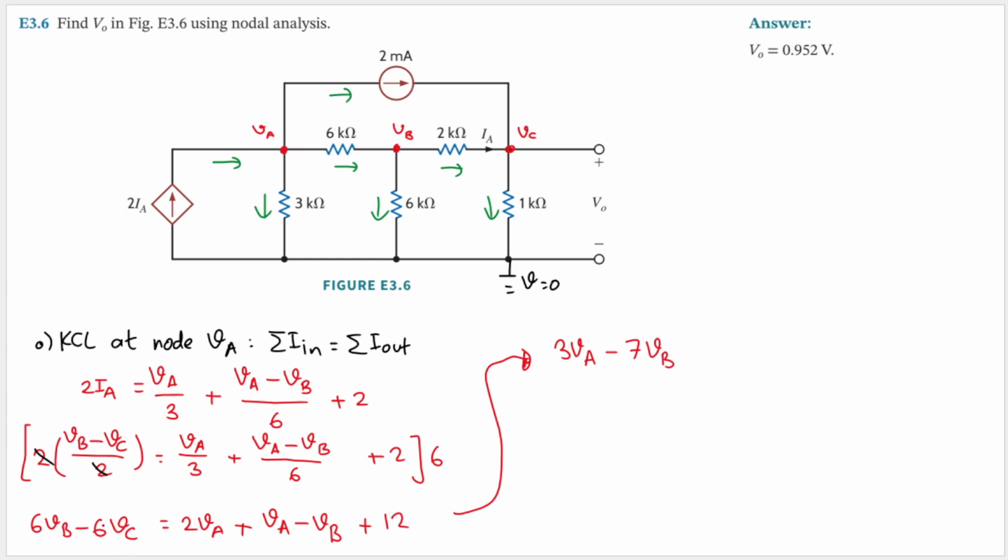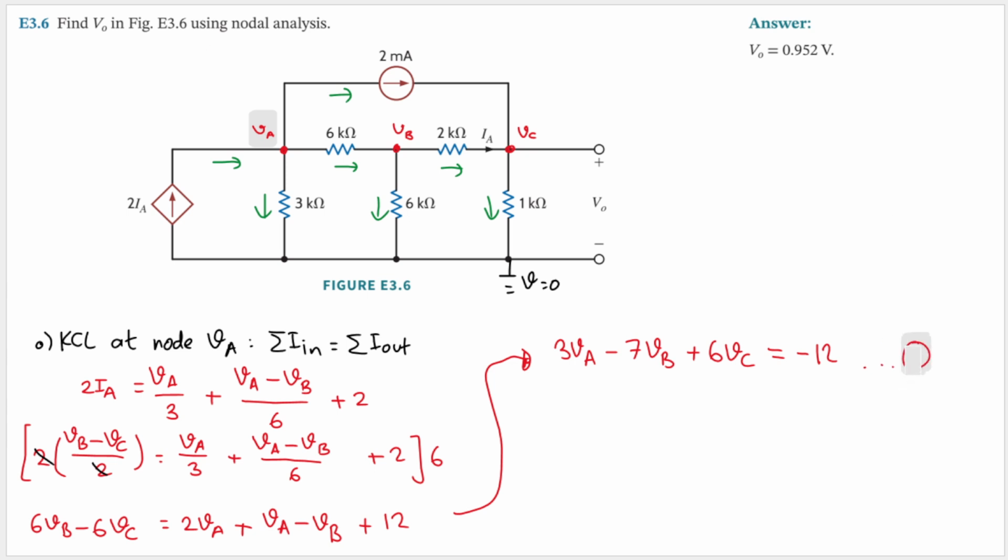And then this one will come to the right hand side, so we'll have plus 6VC. Then the plus 12 will come to the left hand side, but I write it on the right hand side, so we'll have minus 12 here. And I think there is nothing further that we can do for node VA, right? We have done this node VA. Let's save this as equation number 1.